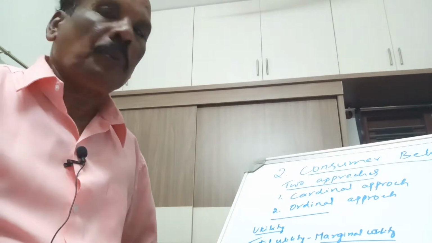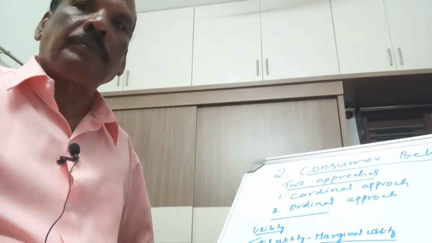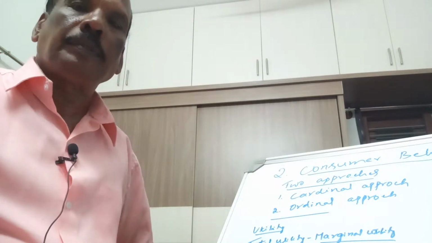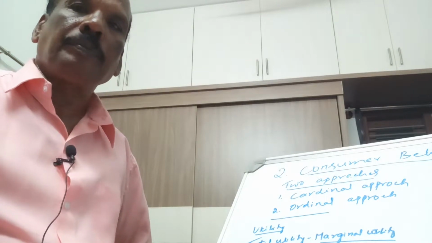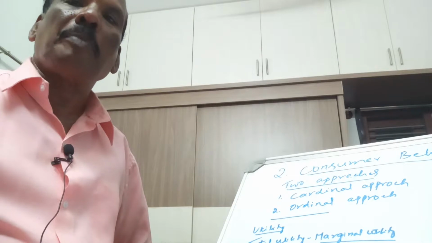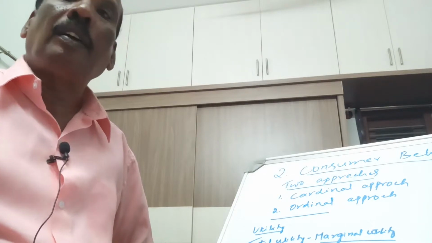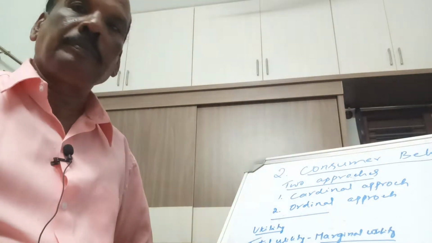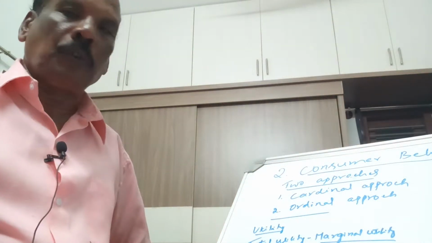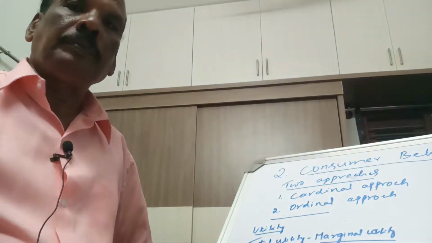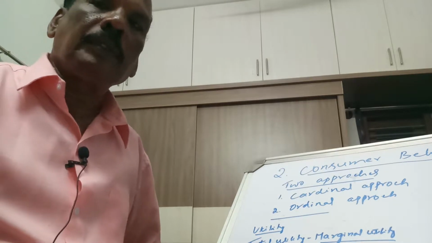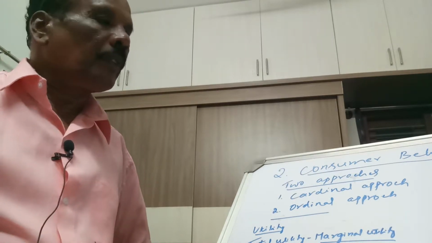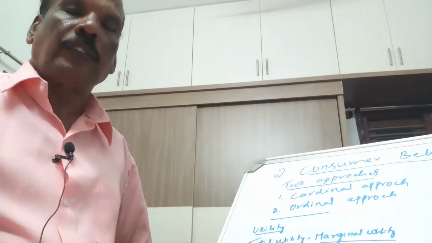The Cardinal Approach uses utilities, where these utilities are measured in cardinal numbers like 1, 2, 3, 4, 5. And this Cardinal Approach is called utility analysis.